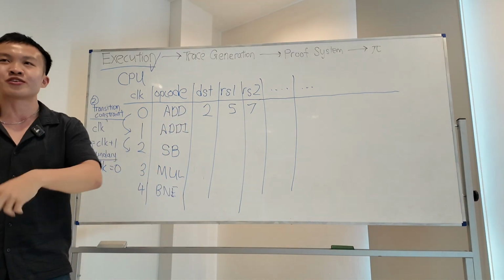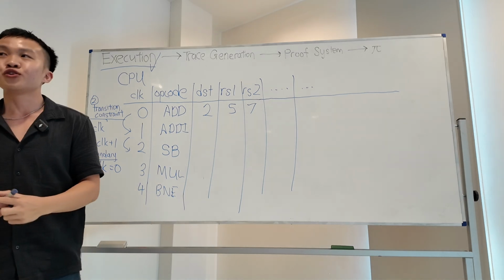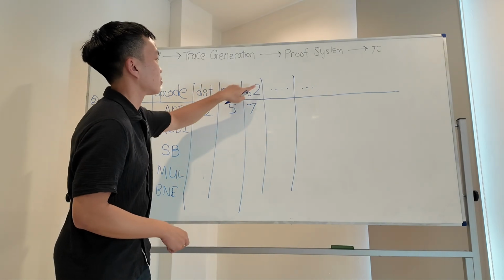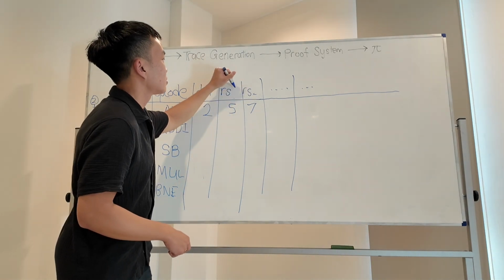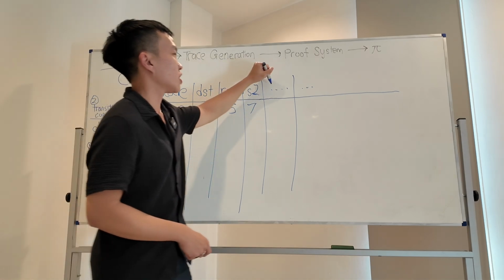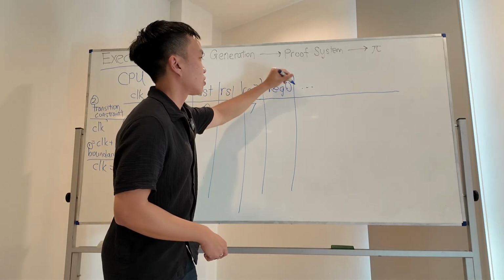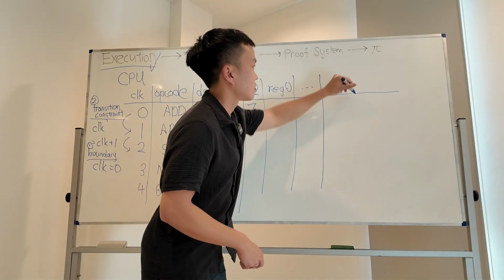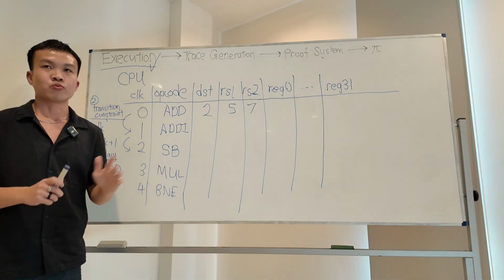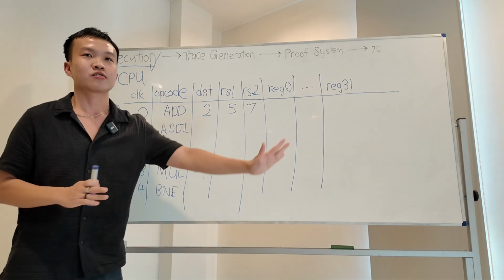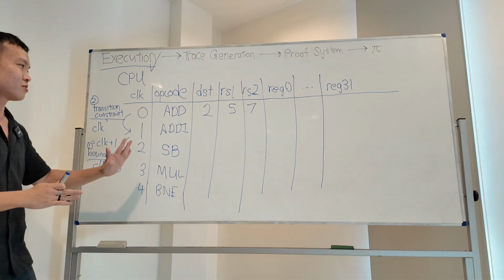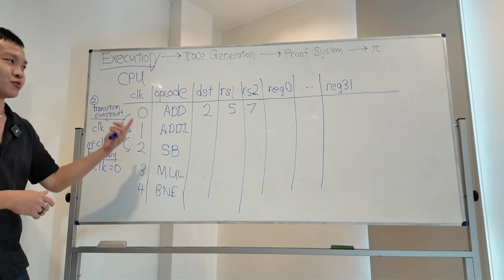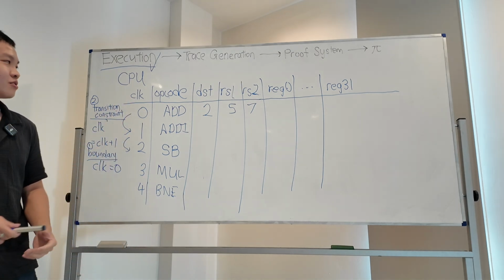So let's say we implement it very naively and have 32 registers, from reg 0 all the way to reg 31. You can imagine that we would blow up this table in size, and this would become very difficult to prove, because the bigger it is, the more constraints this one table would have to evaluate.